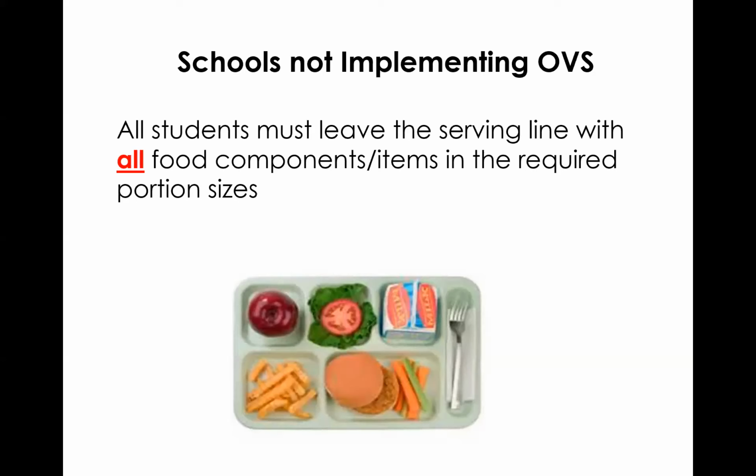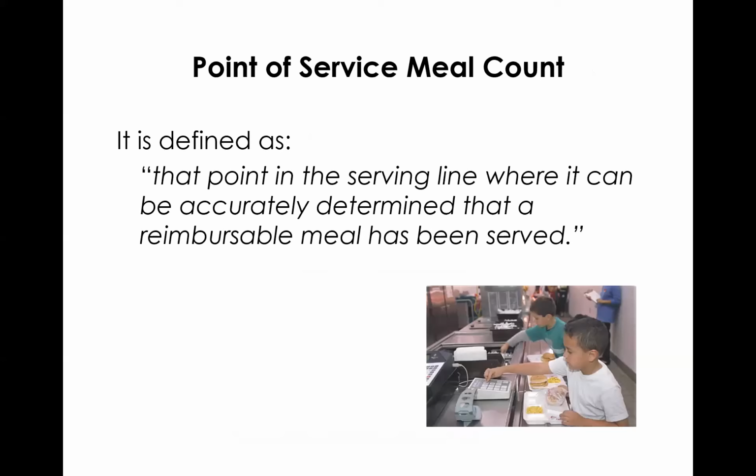So I've mentioned how important the cashier is because they're the person in charge of the point of service meal count. The definition of a point of service meal count, or sometimes we refer to it as a POS count, is that count taken at that point in the serving line where it can be accurately determined that a reimbursable meal has been served.